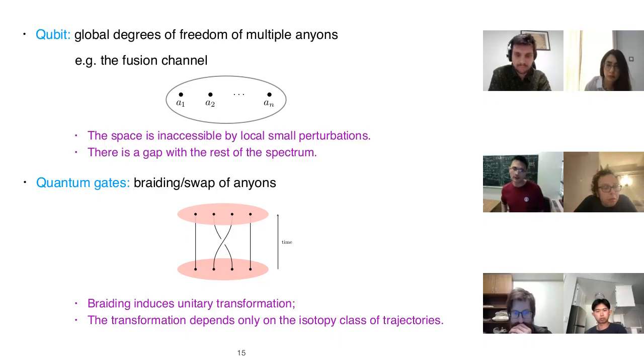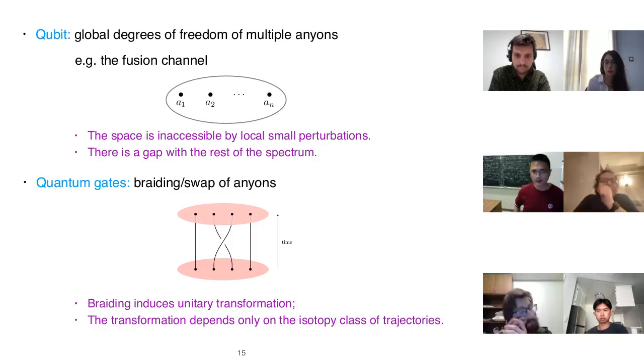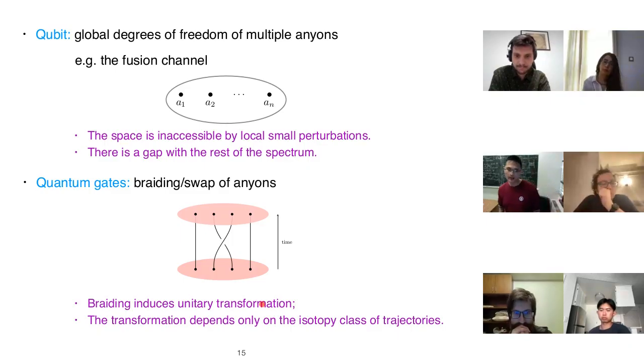The quantum gates are realized by swapping, or braiding, of the anyons. Namely, we can adiabatically swap some of the anyons in the space-time trajectory, in the space-time dimensions. This process traces out a diagram which is called a braid diagram, and this process induces a unitary transformation acting on the multiple anyon space, and those are the quantum gates.